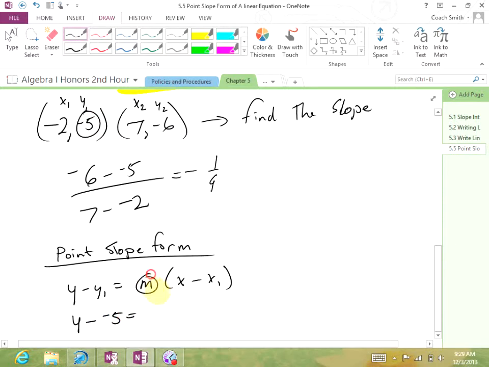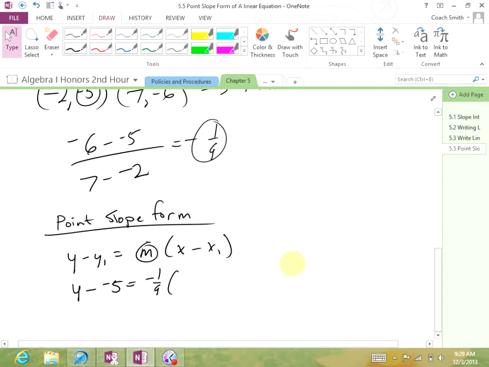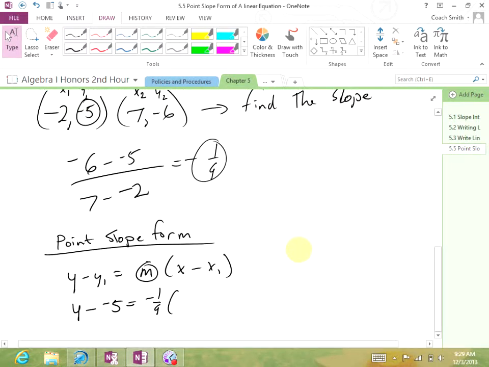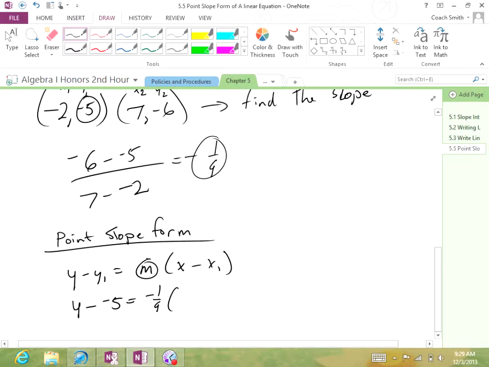The slope is negative 1 over 9, times x, and x1 was negative 2.